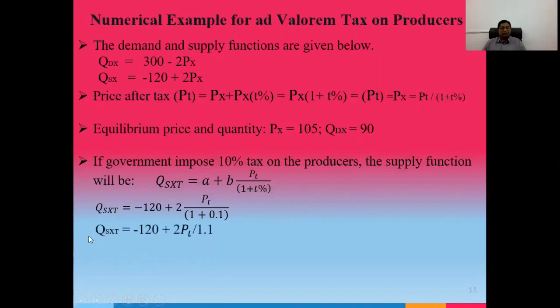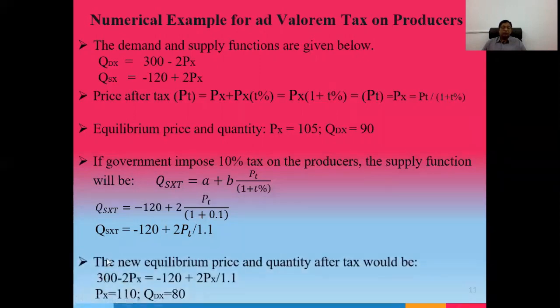Now you can see QSXT equals minus 120 plus 2PT over 1.1, that is 1 plus 0.1, that is 1.1. By using this equation with the initial demand curve, you will get the new equilibrium price and quantity after ad valorem tax of 10%.